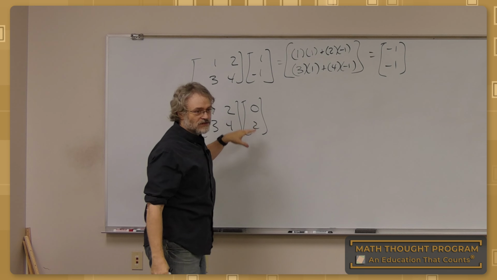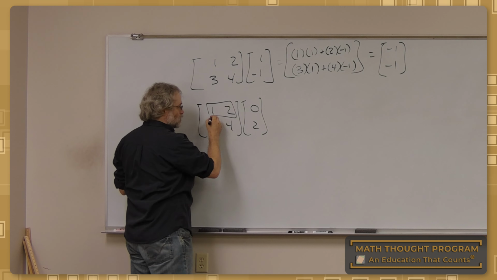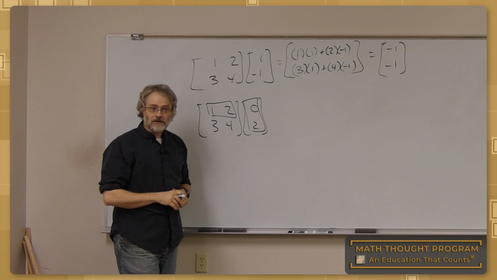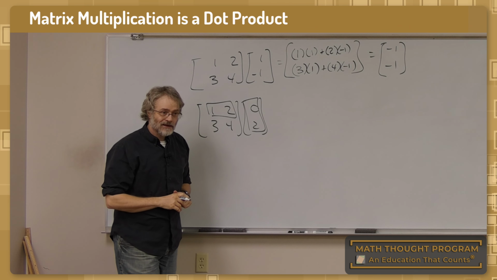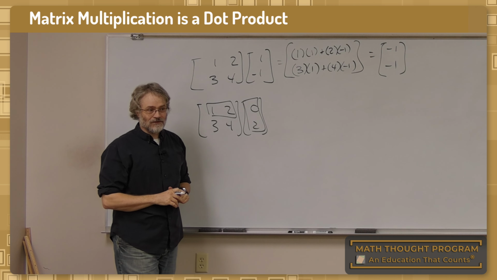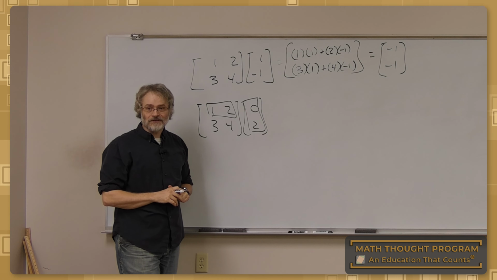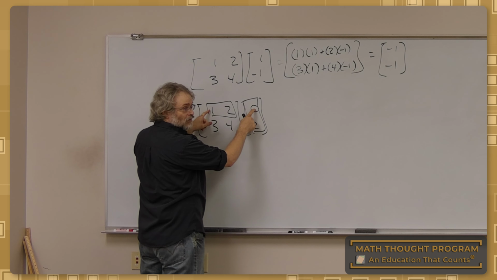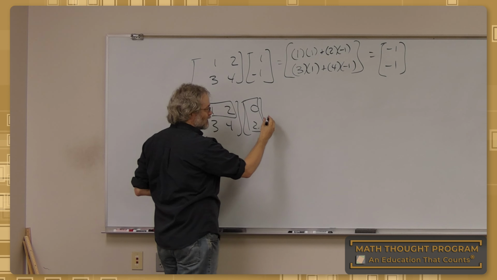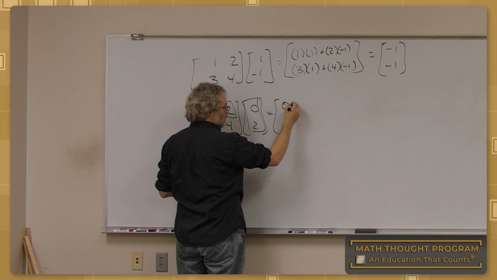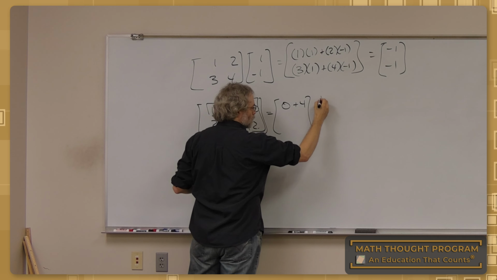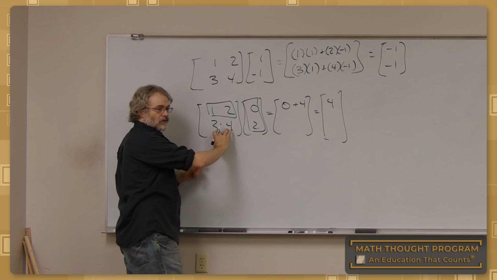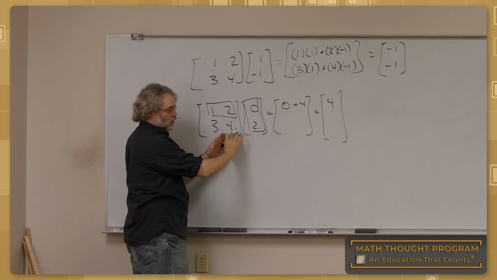Here, do exactly the same thing. Take the row with the column, and in calculus 3, we would say, compute the dot product. Guys, that's all it is. Take the row, dot it with a column. These entries multiply together, these entries multiply together, add up the results. Same thing, 3 and 0, 4 and 2.